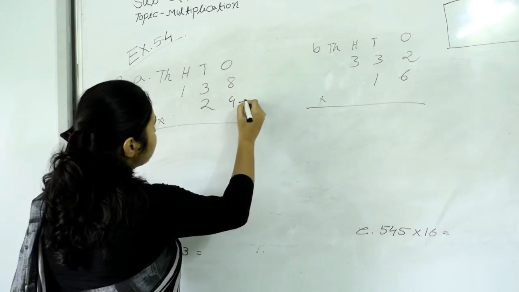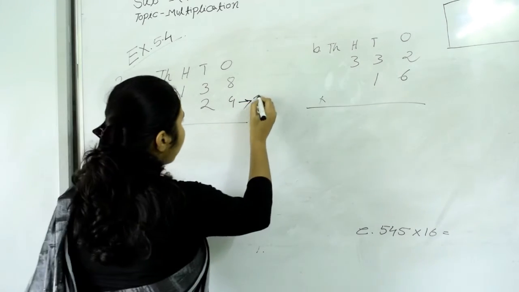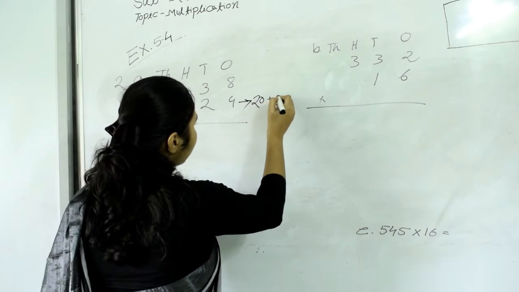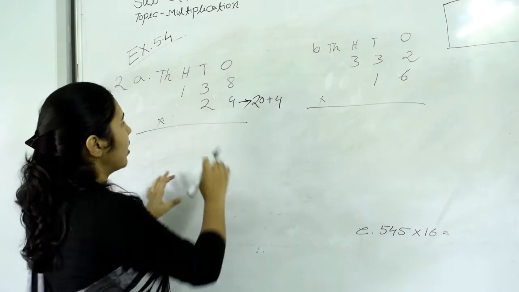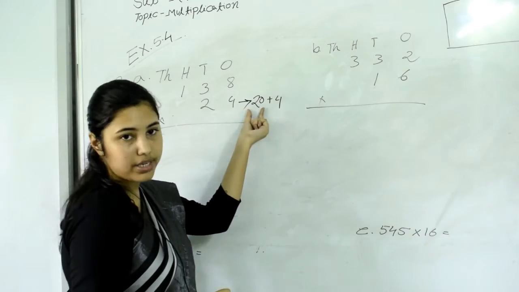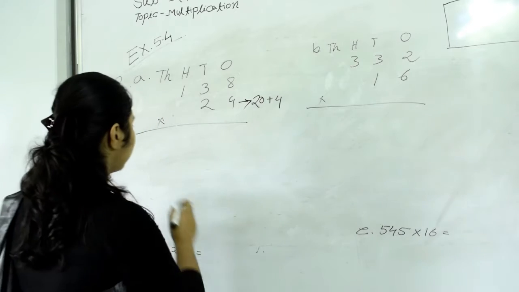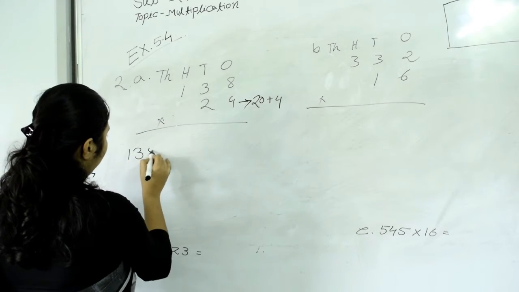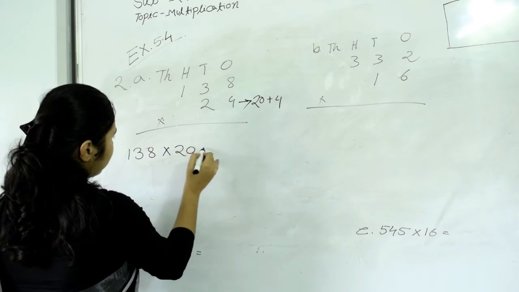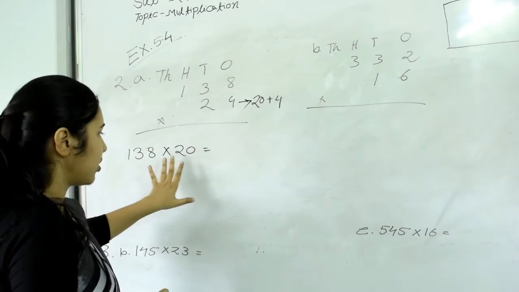So again by the similar process, first split 24 as 20 plus 4. Okay. Then multiply 138 with 20 and then 138 by 4. So first multiply with 20, which means first multiply this number with 2.